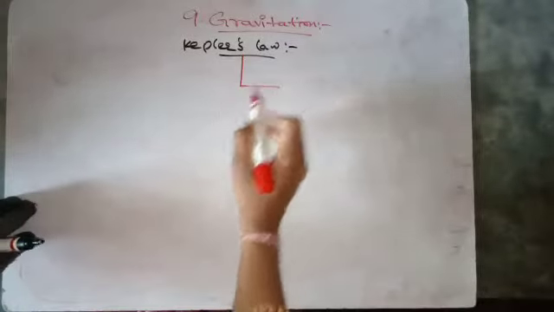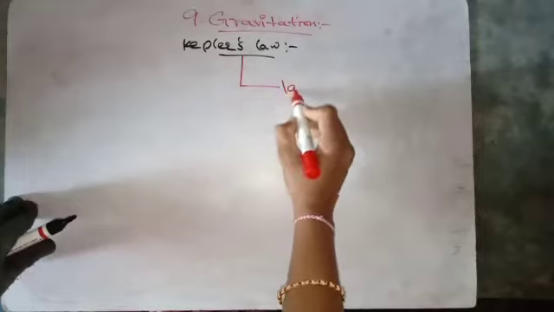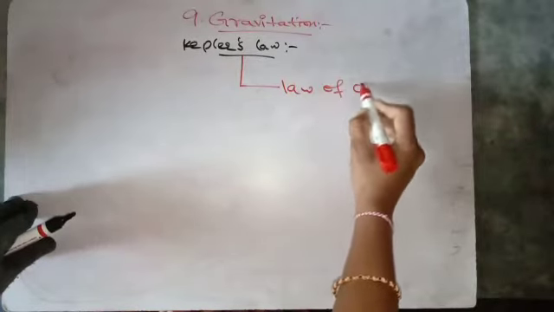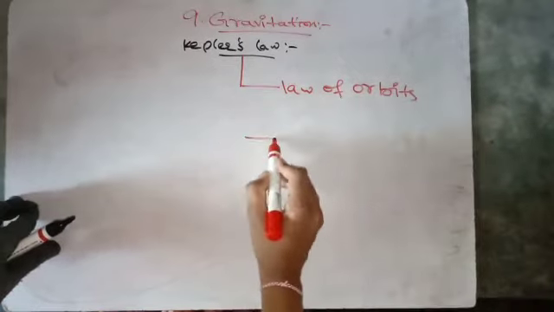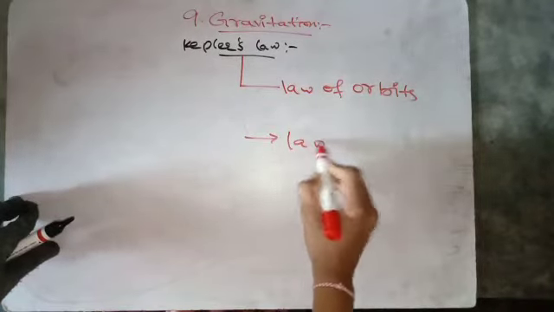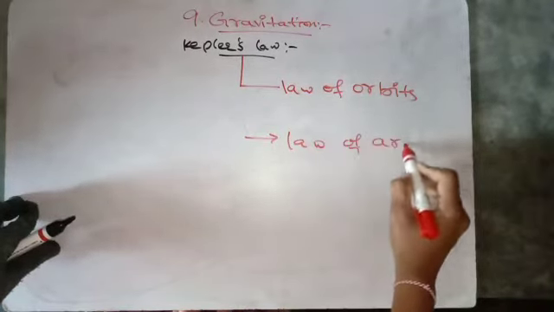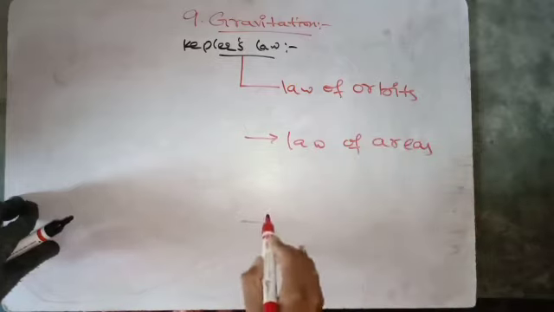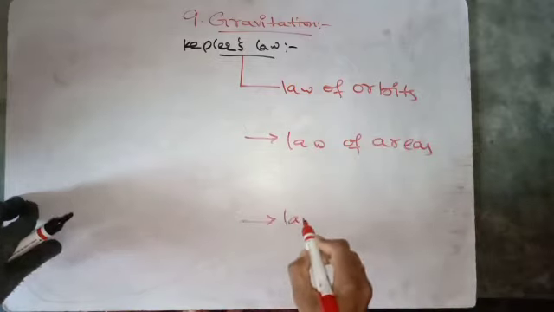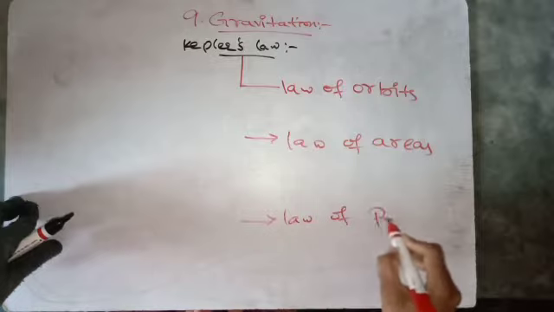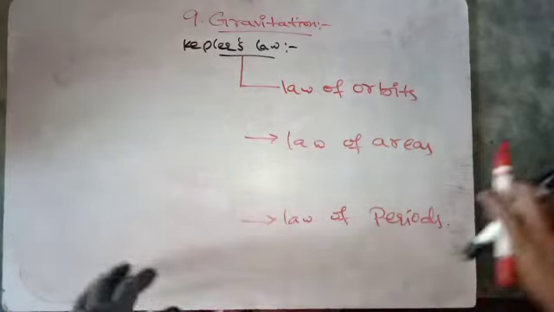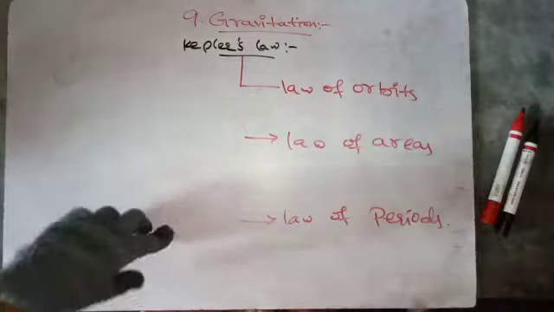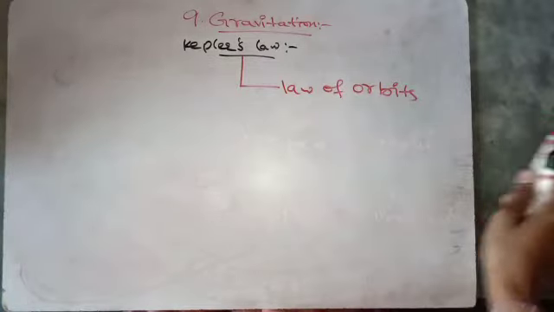The first law is the law of orbits, the second one is the law of areas, and the third law is named as the law of periods. I will explain Kepler's first law first.